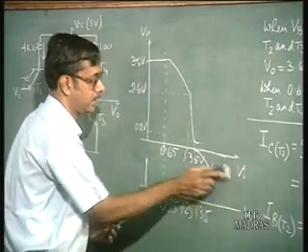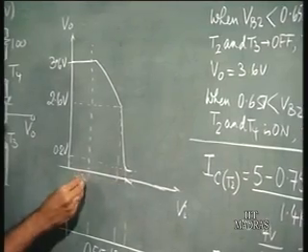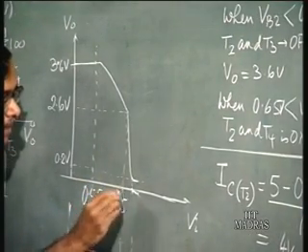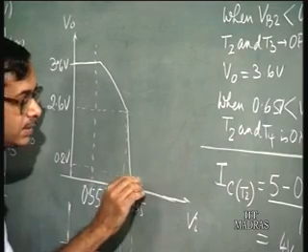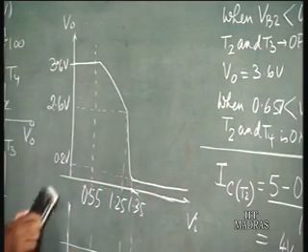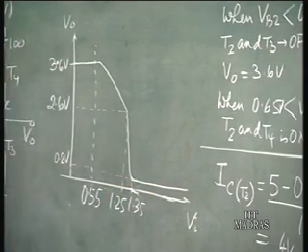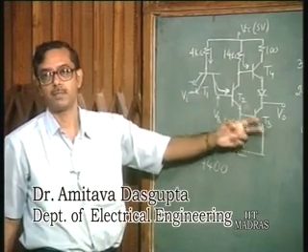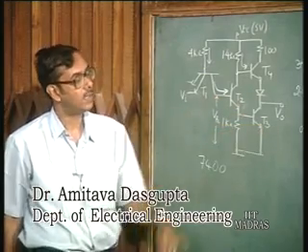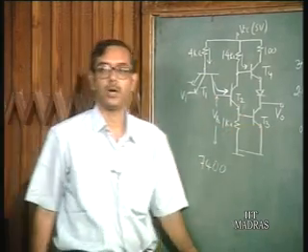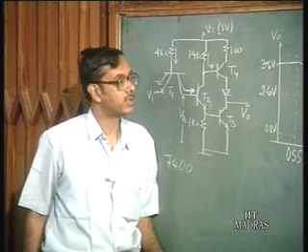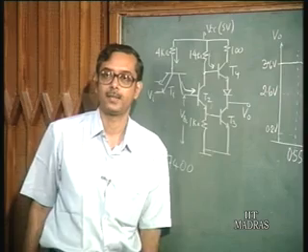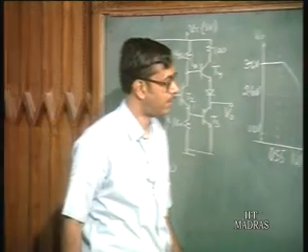I make this 0.55, this is 1.25, this is 1.35, and this can go on, because as you increase the input voltage, this transistor remains in saturation, and the output voltage is 0.2 volts. So this is the input output characteristics of this TTL gate.